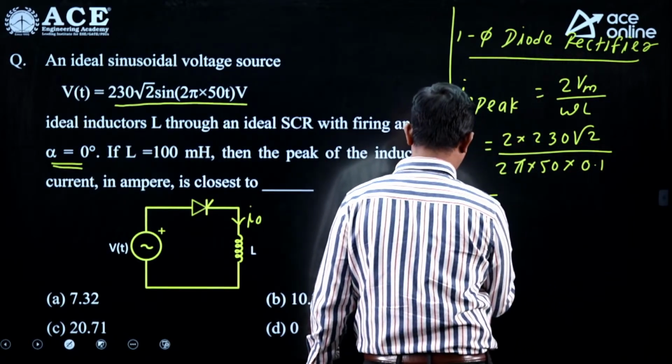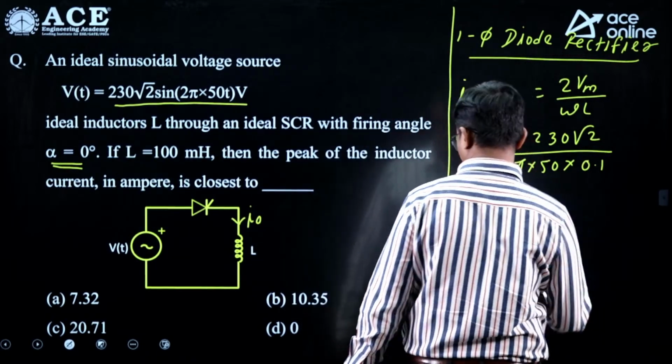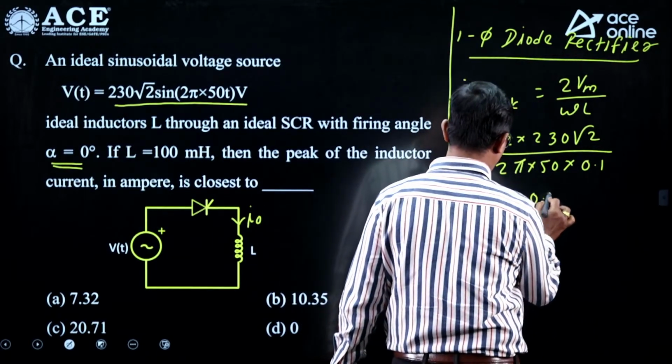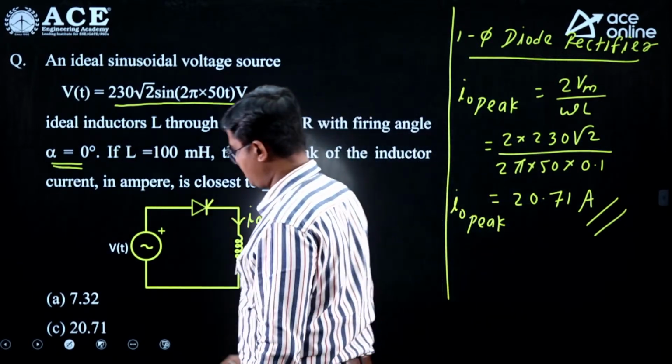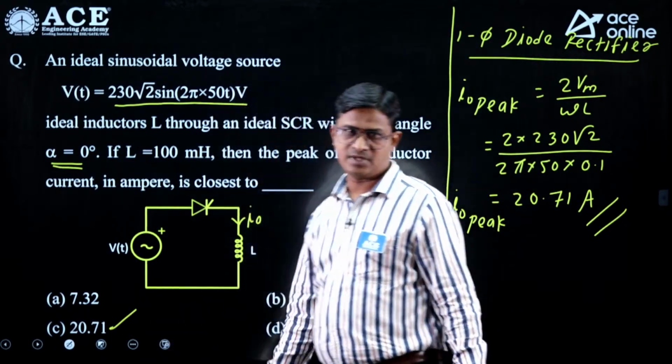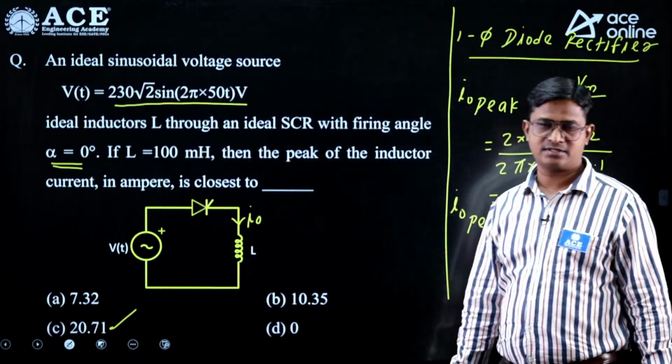Simplify this, you will get I0 peak. After simplification you will get it as 20.71 ampere, right? So the correct answer is option C. All right. So friends, these are the questions from the subject of power electronics, right?